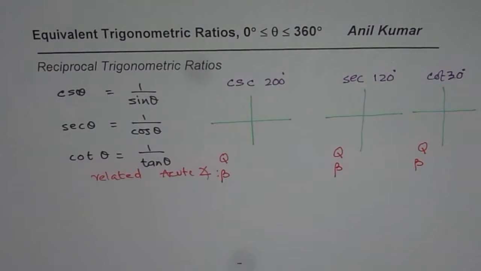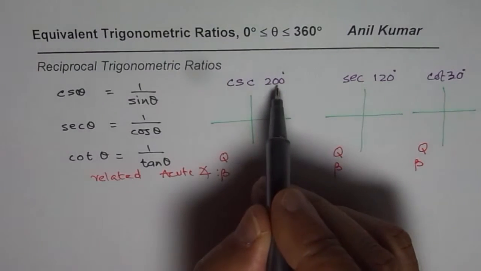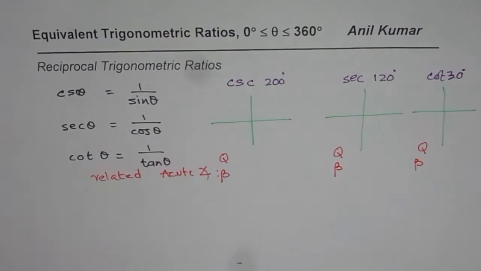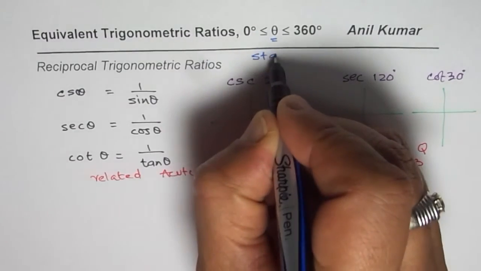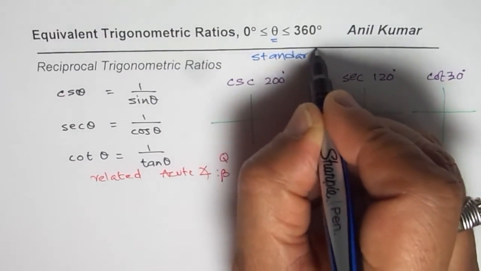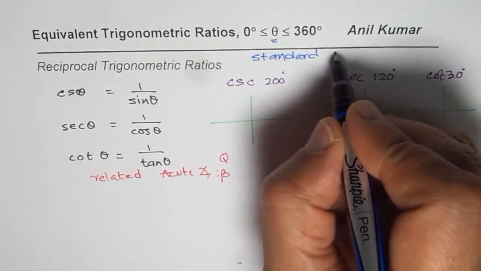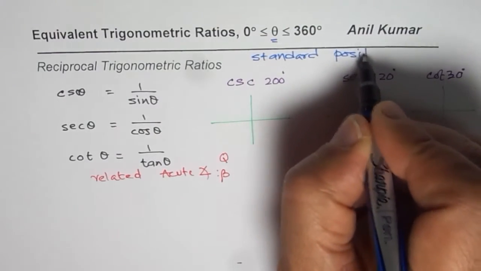Now, how to find the quadrant? As we know that the angle always is in standard position, right? So let me write down this part. Always, when we are considering these cases, the angle theta is in standard position. Most of the time it is mentioned, but if not, that's the default value.